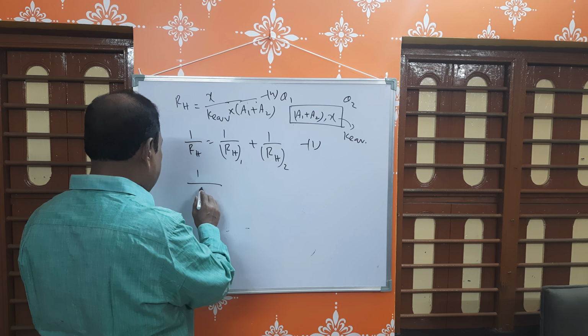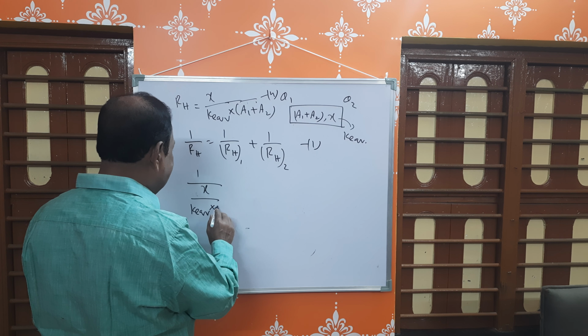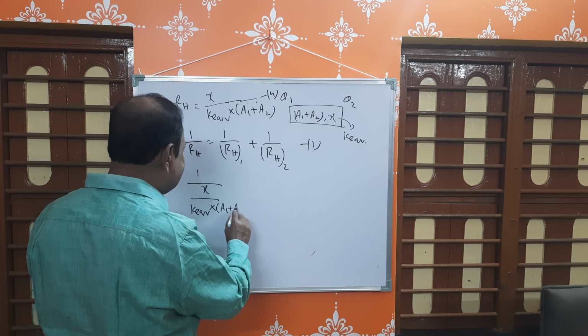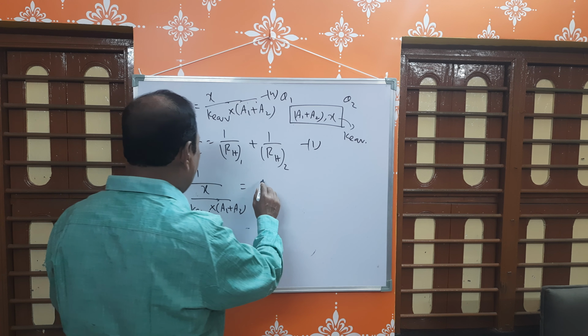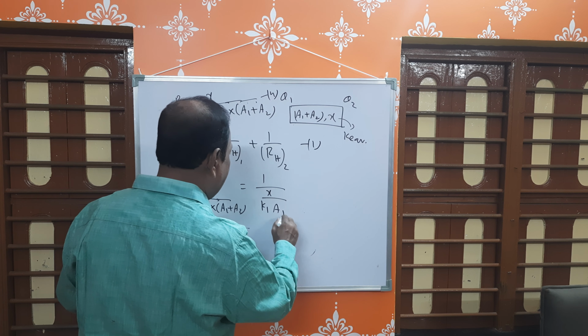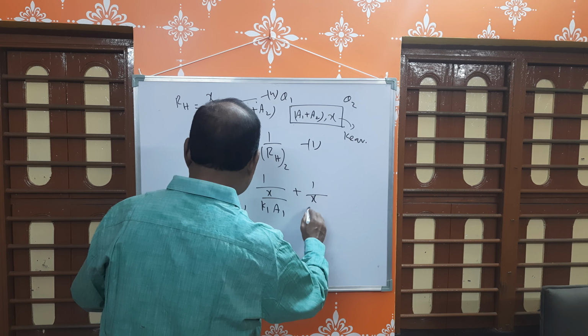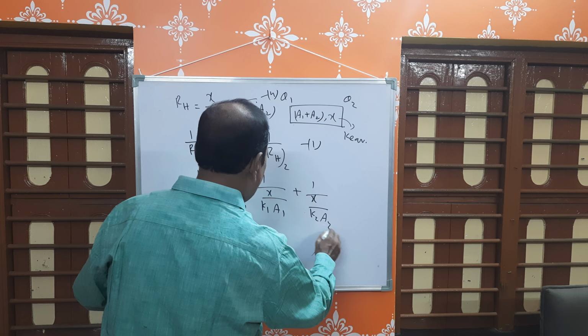RH means X by K equivalent into (A1 plus A2), so 1 by RH is equal to 1 by (X by K1 A1) plus 1 by (X by K2 A2).